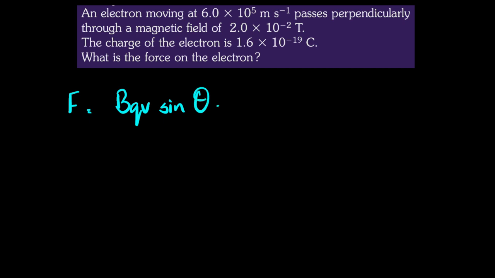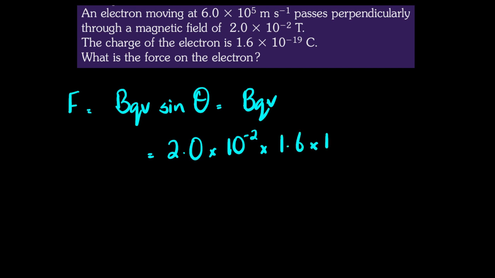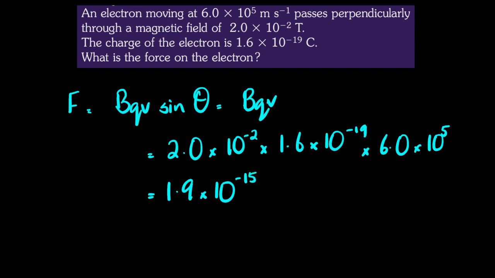Since this passes perpendicularly, this is basically sine 90, which is 1, and that just leaves us with BQV. B is 2.0 times 10 to the negative 2, Q is 1.6 times 10 to the negative 19, and V is 6.0 times 10 to the 5. That gives us the answer 1.9 times 10 to the negative 15 Newton, correct to 2 SF.